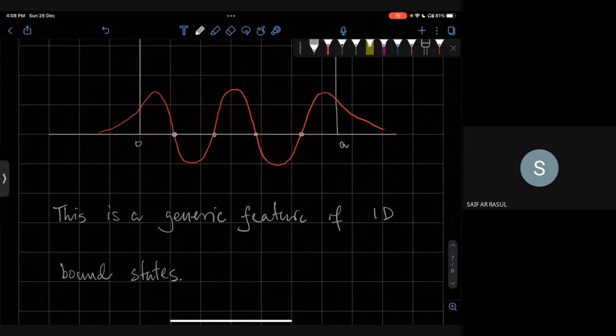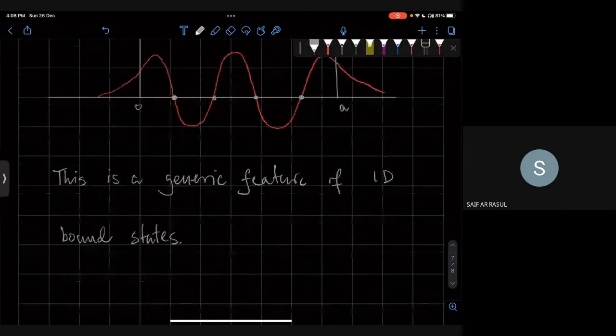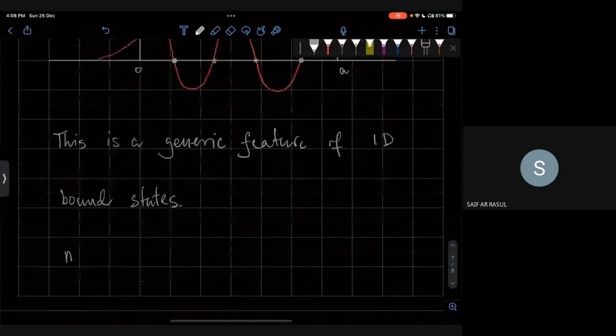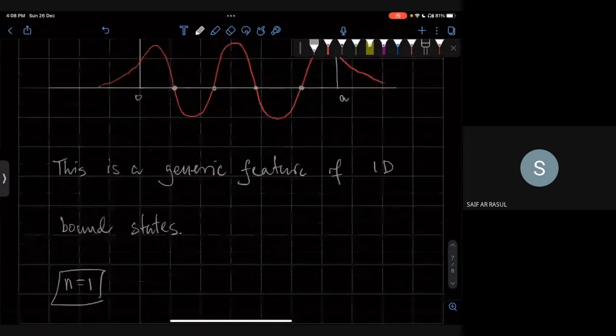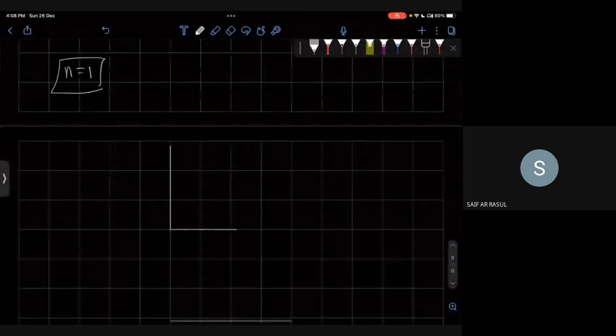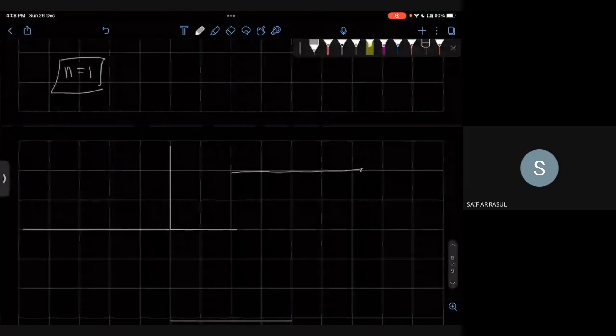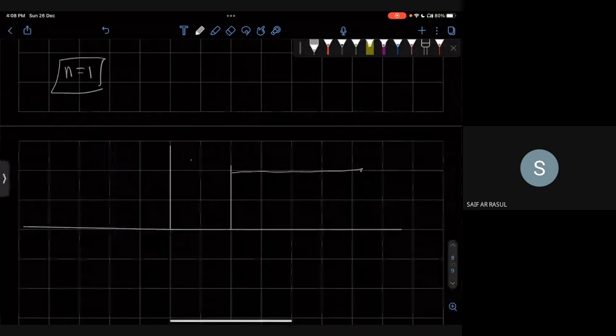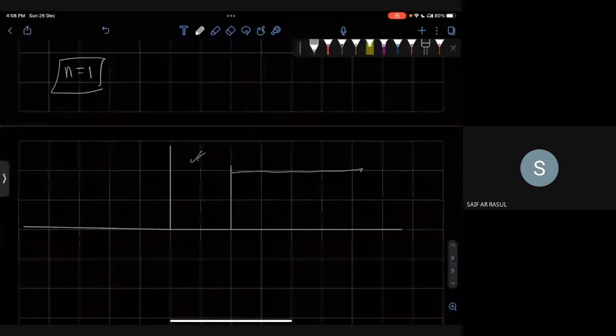So what does that tell us for the ground state, which is going to be n equals 1? For the ground state, there will be no intersections with x equals 0 at finite x, right? Which agrees with our intuition that we developed in conjunction with, say, the infinite potential well, because inside this region the potential energy is zero.